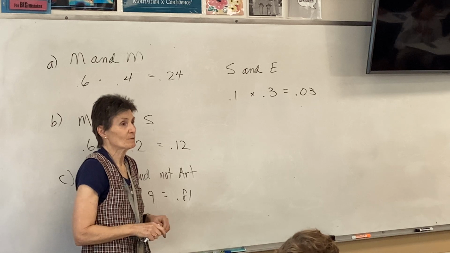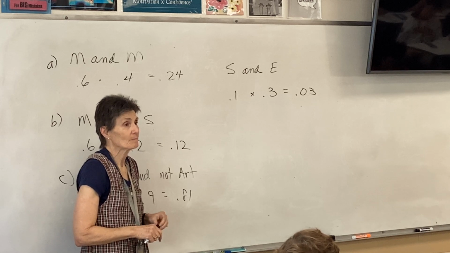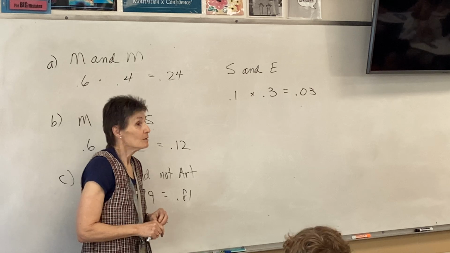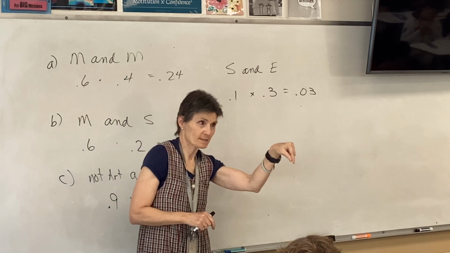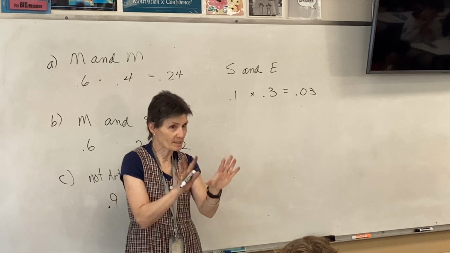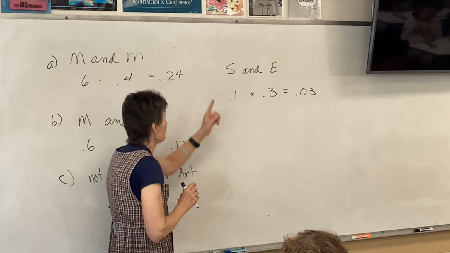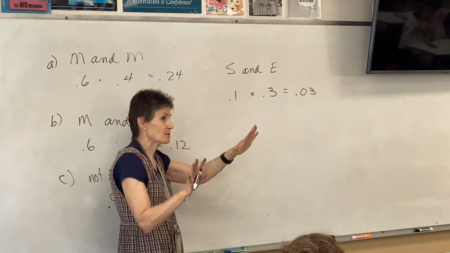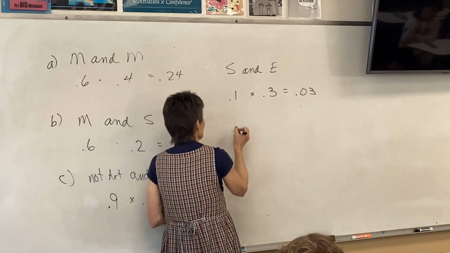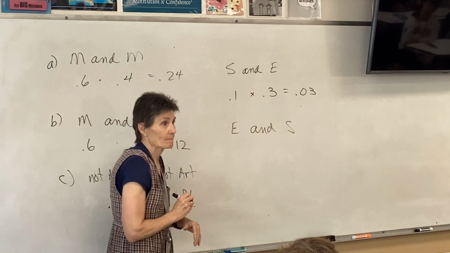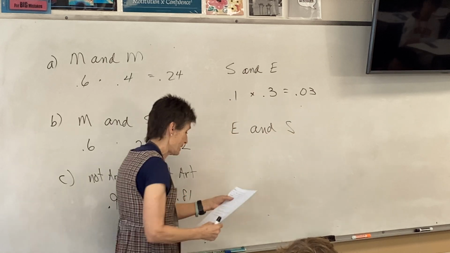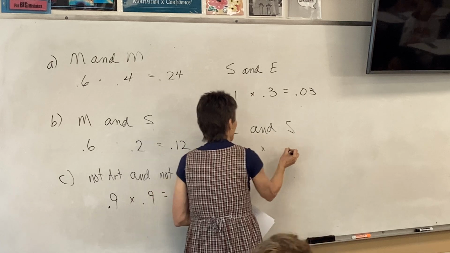Can somebody tell me what's going on, Mary? Because it doesn't say first science and second English, it just says one of each. So could it be science and English? Absolutely. But it could also be English and science. And that would be 0.2 times 0.2.